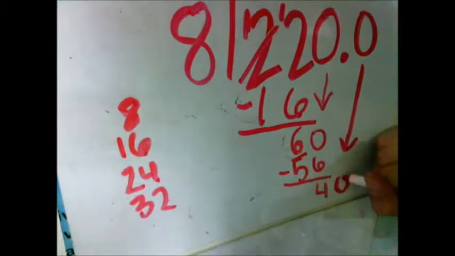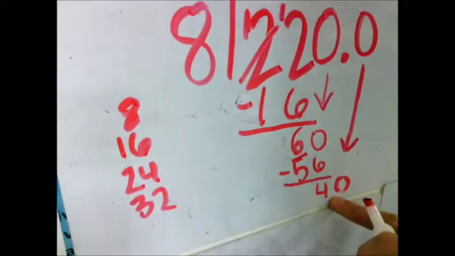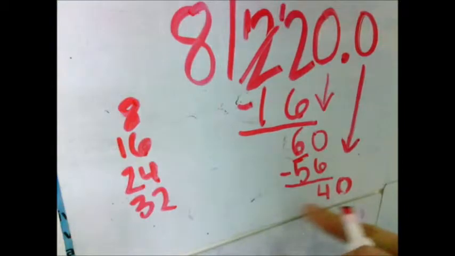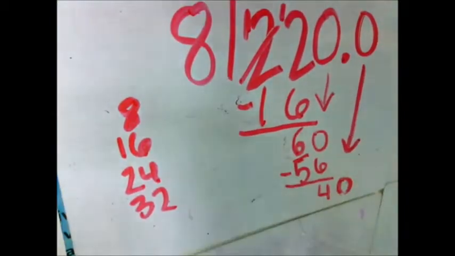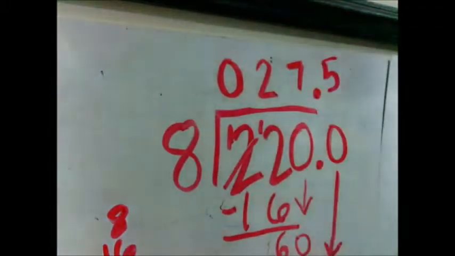So now I have this 4, I add that 0 there, and now we need to ask ourselves how many times will 8 go into 40? Well, this is a nice one because if you know 8 times 5, you're going to know 8 times 5 is exactly 40. So I would put my 5 up here.